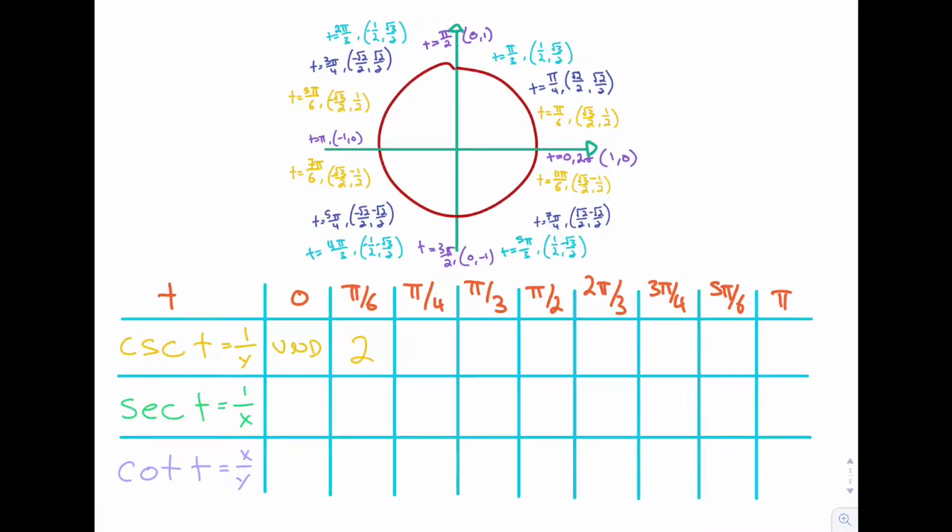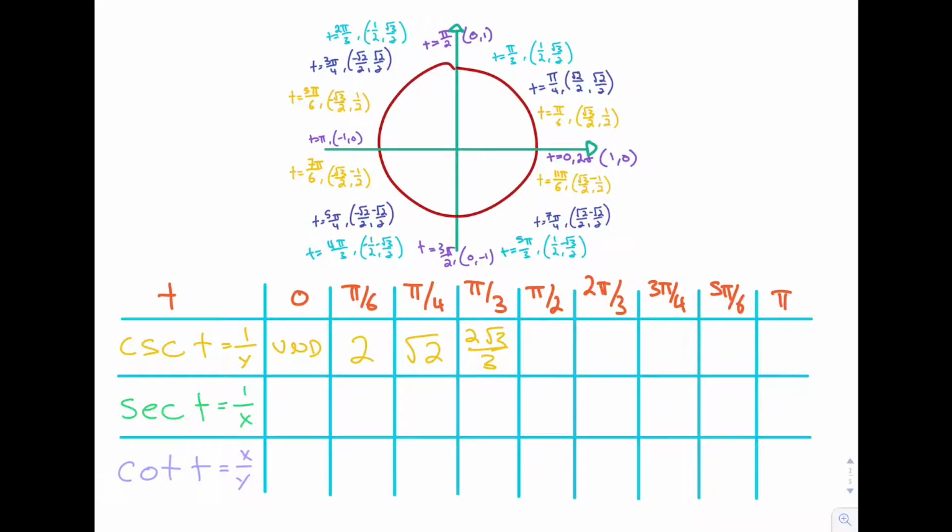So we have 1 over root 2 over 2, which then flips and multiplies, so that becomes 2 over root 2. And then if you rationalize that, when you multiply by root 2 over root 2, it simplifies down to root 2. So we have root 2 there. Cosecant of pi over 3, that's 1 over root 3 over 2, and that should simplify to 2 root 3 over 3.